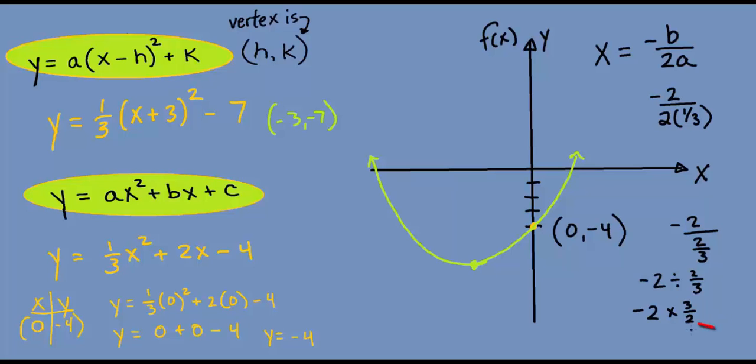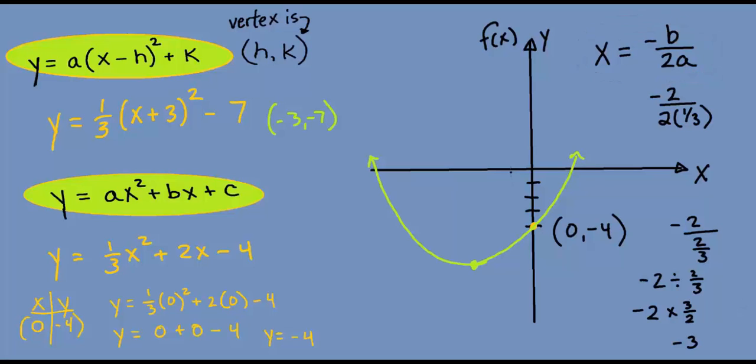So look at that, my 2's cancel, and I'm going to just get -3. -3, that's the x-coordinate of the vertex. But we already knew that right up here, because we had the vertex form. So notice, even if you don't have the vertex form, if you use this handy magic formula, you can get the x-coordinate of the vertex.